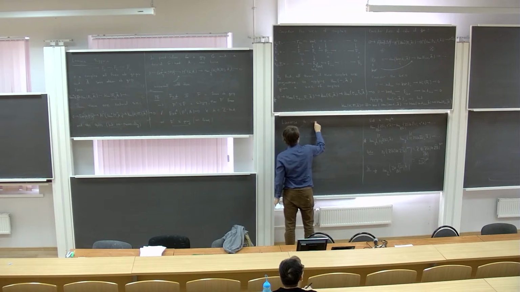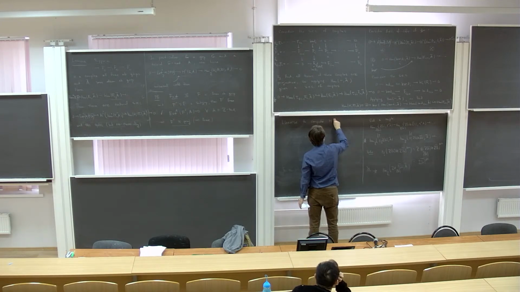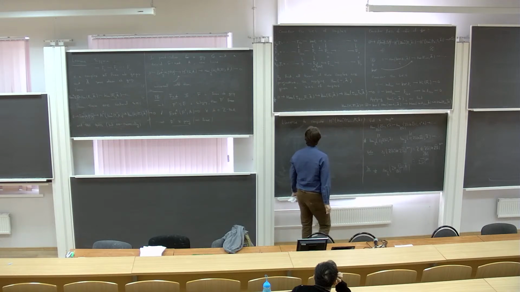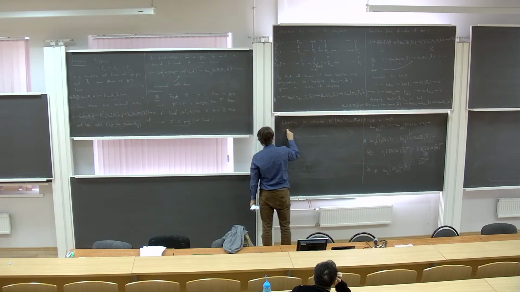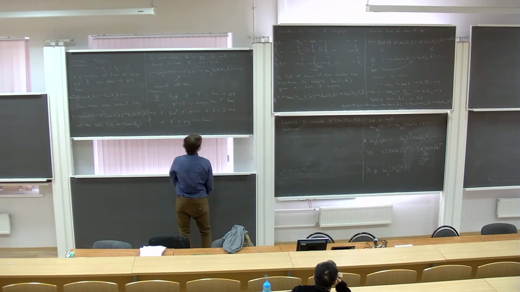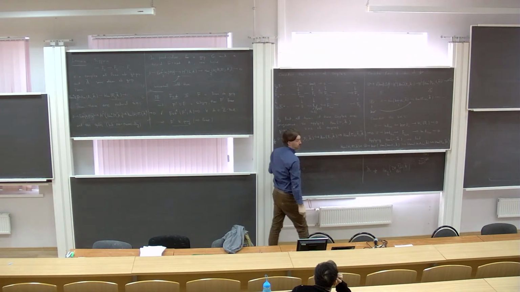So likewise, to compute H^i of hom of tau less than or equal to -1 of F dot into A bar, we consider, so what are we doing? Where did it go? Oh, there it is. We hom this thing into A, right?